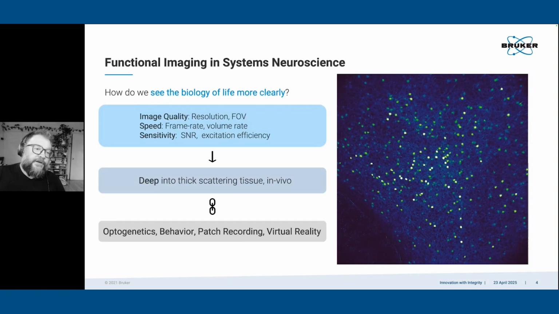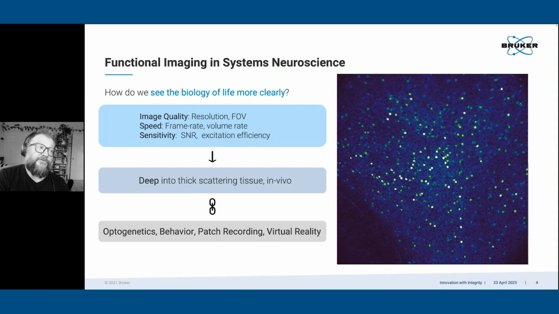And when we're considering what we want to do for efficient microscopy and functional imaging, we want high resolution. So we want to generate a spot that is as small as possible. We want to have as large a field of view as possible for imaging as many neurons as possible. This is one of the major advantages of in vivo imaging over, for example, electrophysiology, in that you can see large areas, hundreds, potentially even thousands of cells at a time.